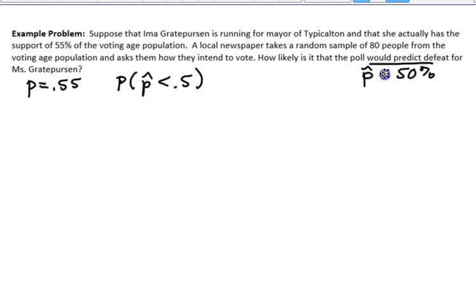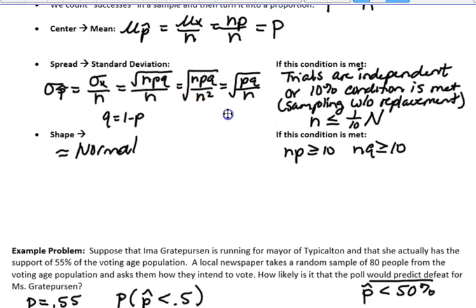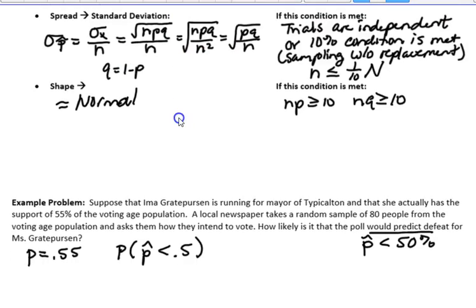We want to know the model that shows how, if we were to take lots and lots of samples of size 80 from this population, the p hats would vary from one another. How much would they vary? Where would they be centered? We want to create a normal model using our p hats. So we have to verify that the two conditions are true, and if they are, then we know the mean and standard deviation of this normal model.